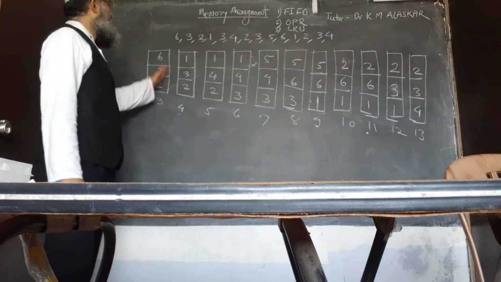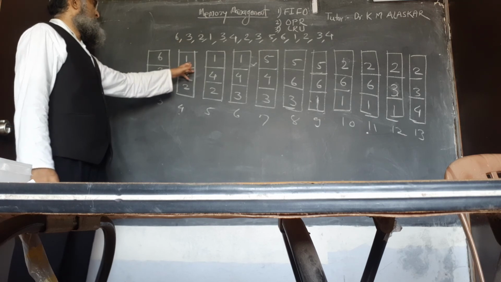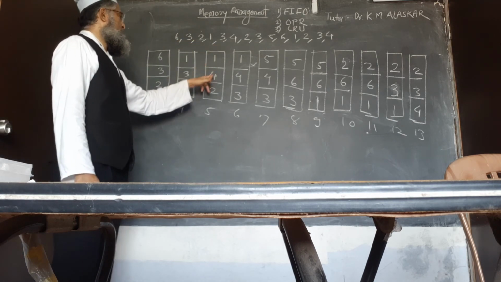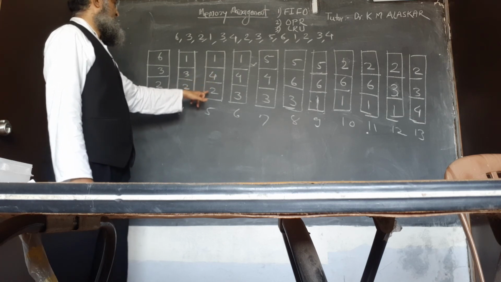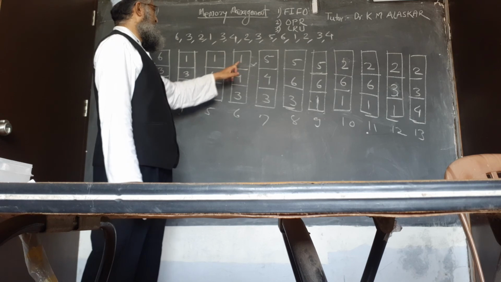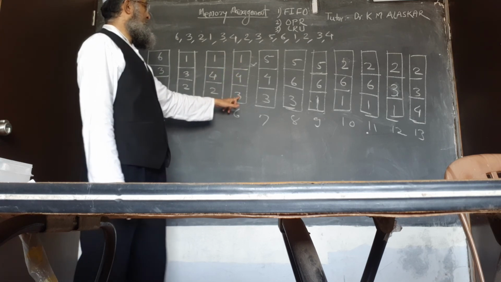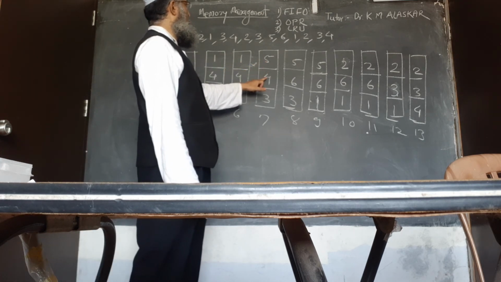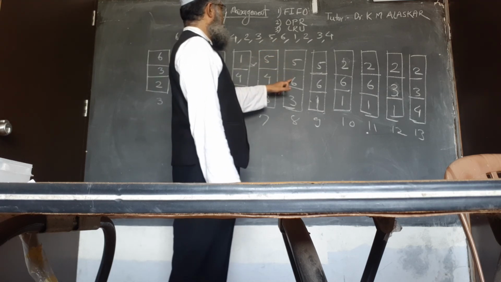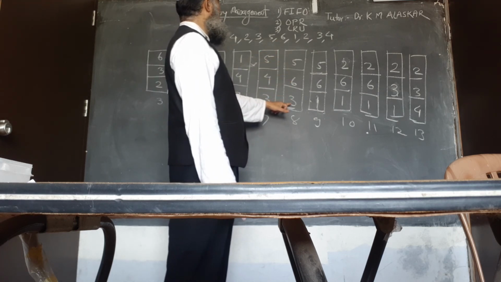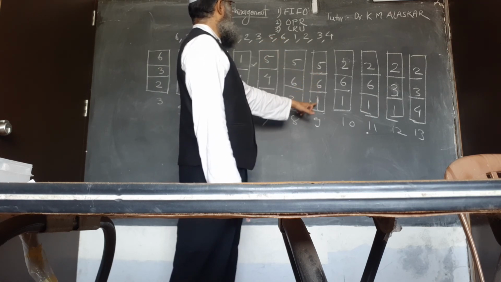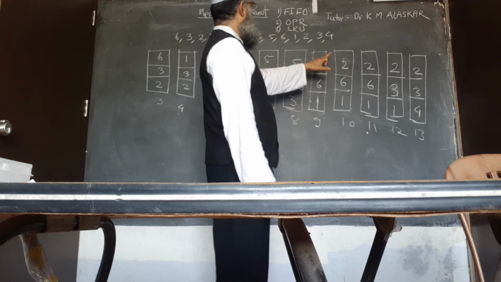So we will check again. Now 6, 3, 2. So 1 will replace 6. Then 3 not necessary. Then 4 will replace for the 3. Then 2 is already available. So again 3. So 1, 4, 3 for 5, 5, 4, 3 for 6, 5, 6 and then 3 for this 1. So 5, 6 and 1 for 2.